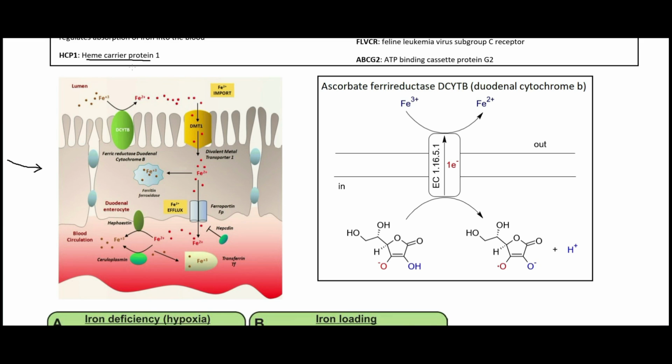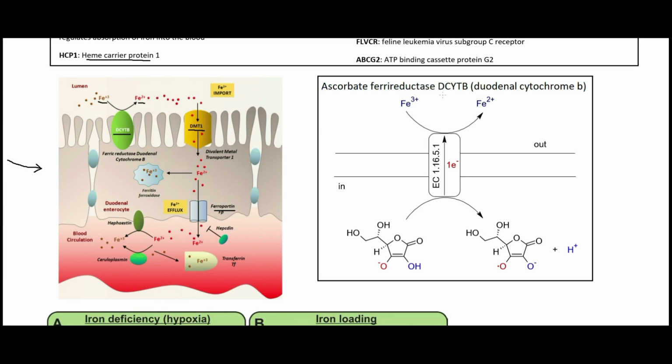Once again, we have the Fe3 plus going to the Fe2 plus with the duodenal cytochrome B here. Then the DMT1 is absorbing it. Then this ferroportin, which is that FPN1, is sending it into the bloodstream.